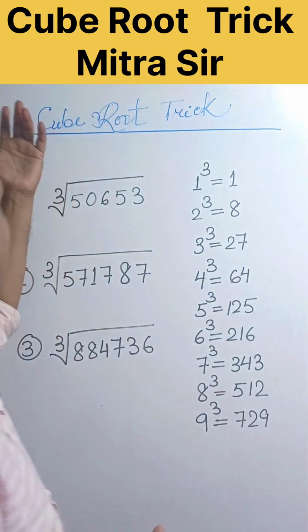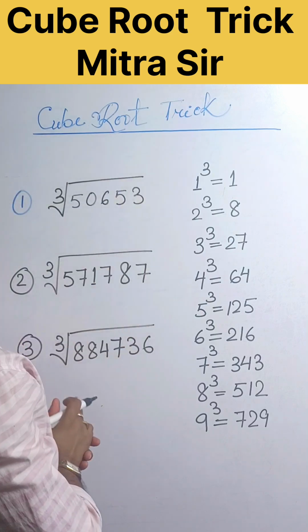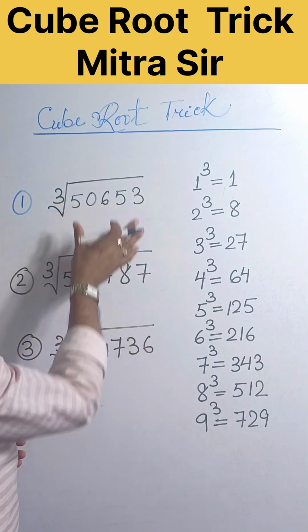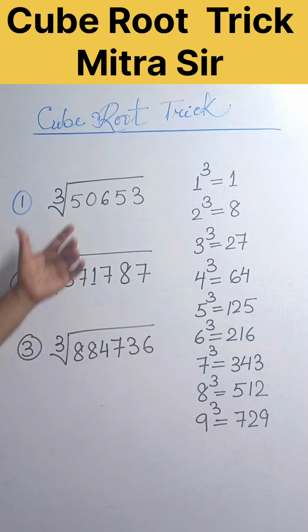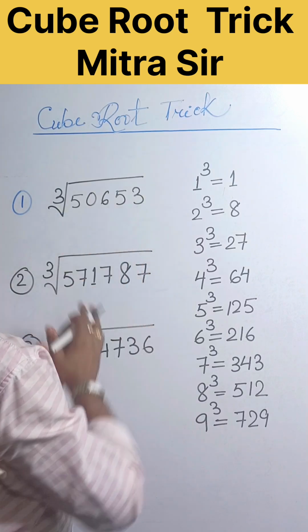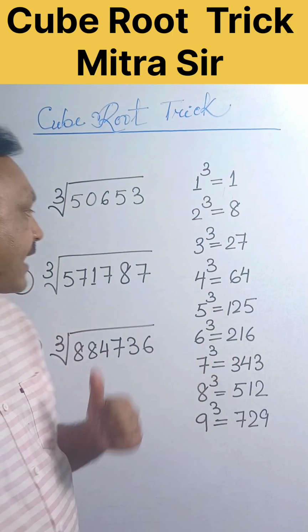Now have a look. This is the question. The question is how to find the cube root of this bigger number. There are three examples given to you. Today I'm going to find the cube root of this bigger number by applying a trick within a very short time.